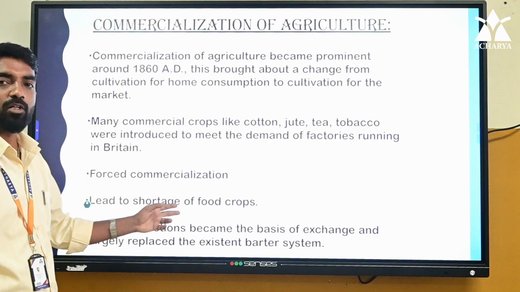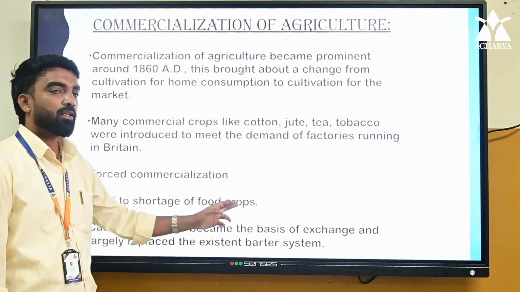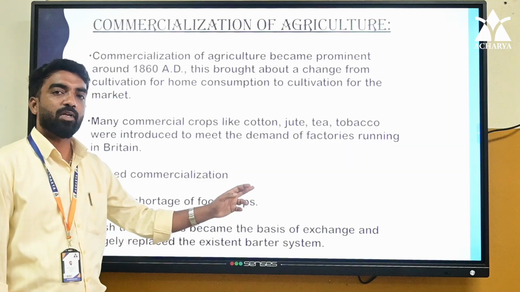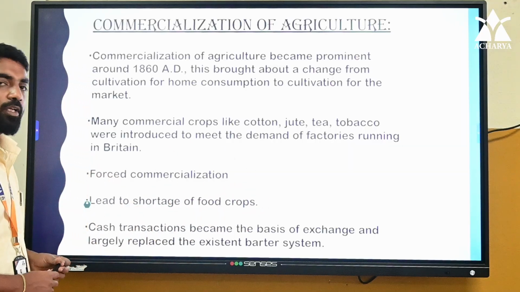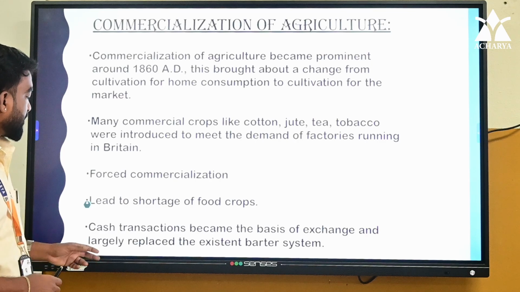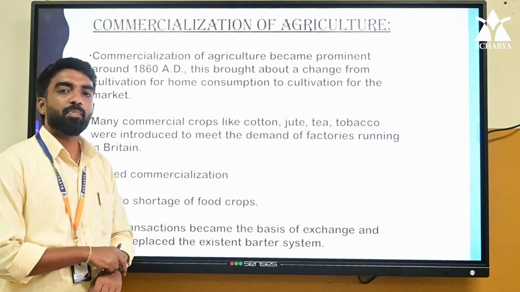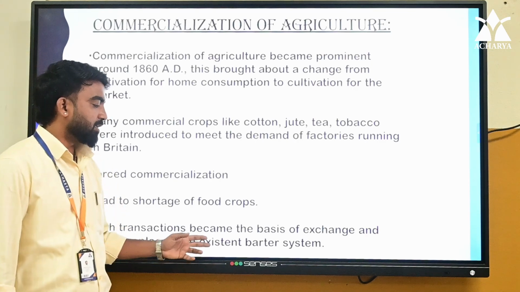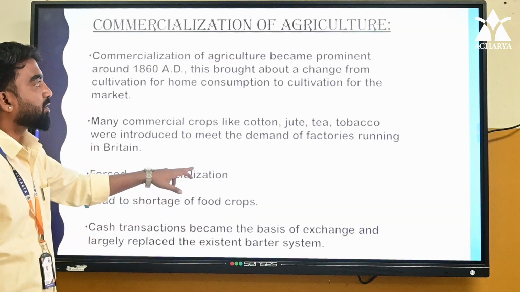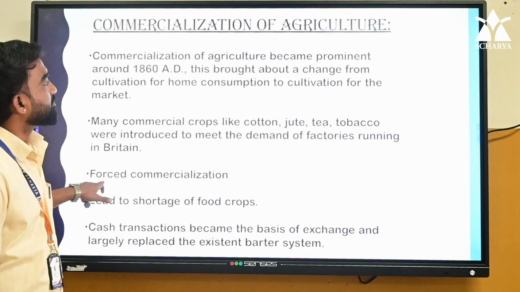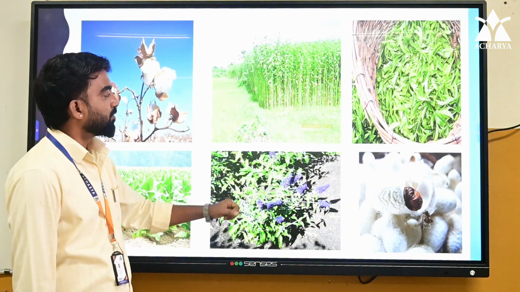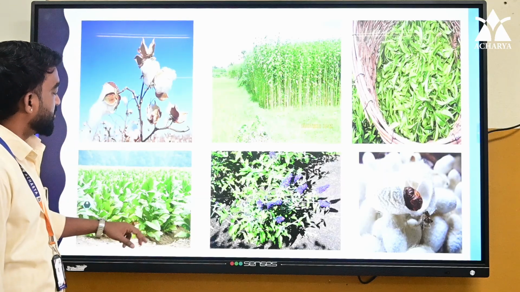This led to the shortage of food crops. This shortage led to famine, starvation, and deaths of lakhs of innocent Indians. And cash transaction replaced our old barter system. This also had an impact on Indian agriculture. So you can see the indigo, cotton.